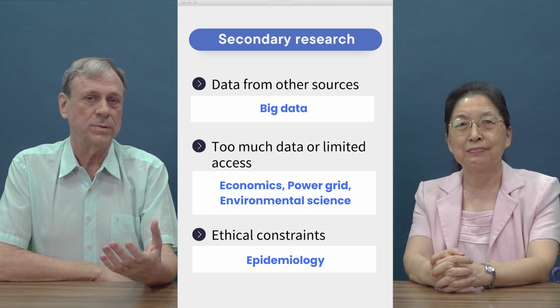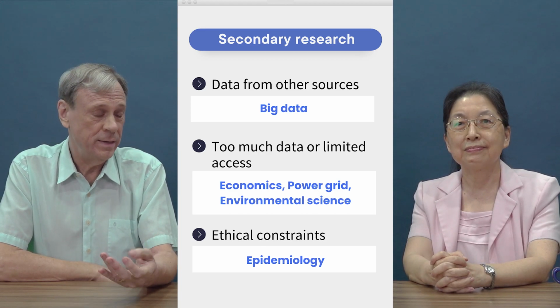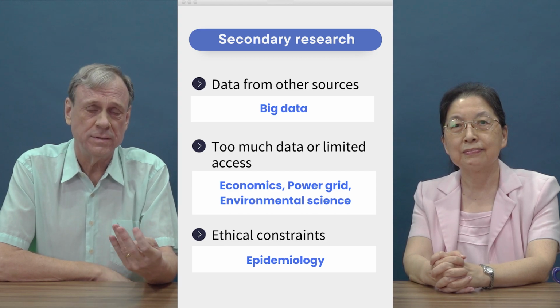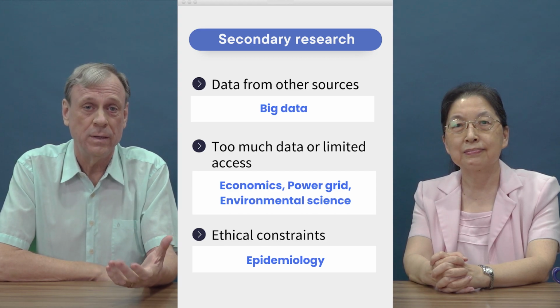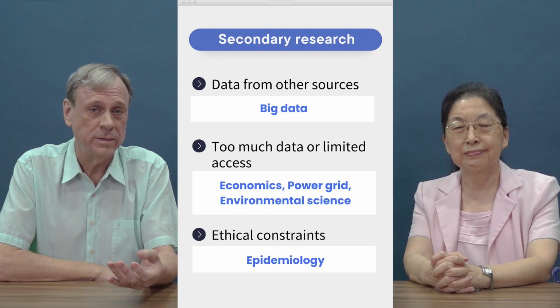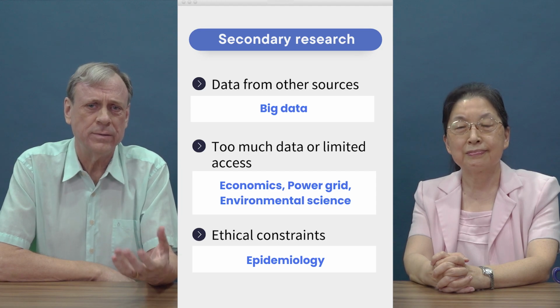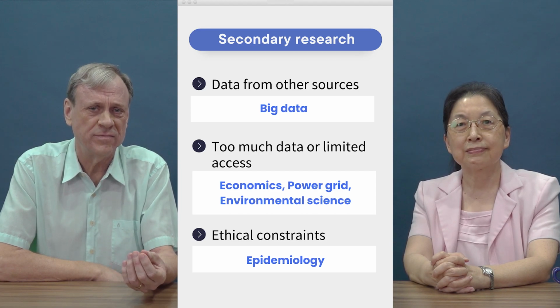But it's also used in times where you have big data, where you can't collect all the data yourself. For instance, if you're dealing with a power grid or with environmental issues, there's too much data. It's too broad an area. You can't possibly collect it yourself.